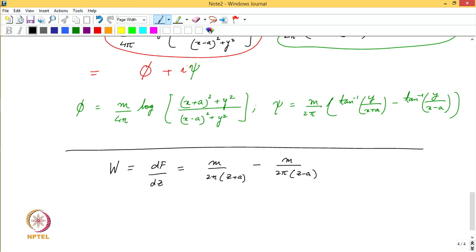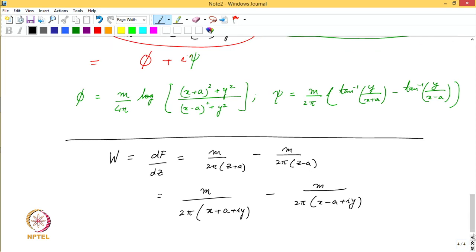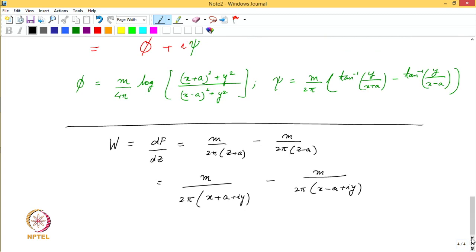And the same thing we do here, we use Cartesian coordinates. So, we can write z as x plus i y, that will give me x plus a plus i y, minus m by 2 pi x minus a plus i y. And as usual, to bring the imaginary part in the numerator, I need to multiply by the complex conjugate of this number.